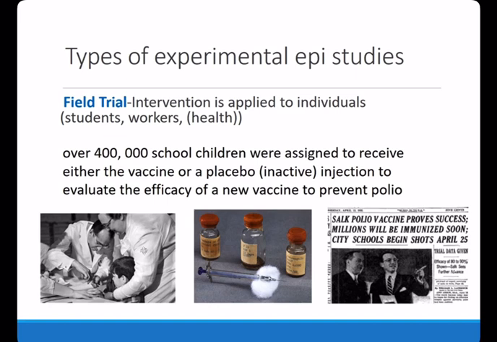And the last large-scale human experiment ever conducted is the Salk vaccine trial in 1954 in the USA. It is a prominent example of a field trial. In this study, over 400,000 school children were assigned to receive either the vaccine or a placebo to evaluate the efficacy of a new vaccine to prevent polio.